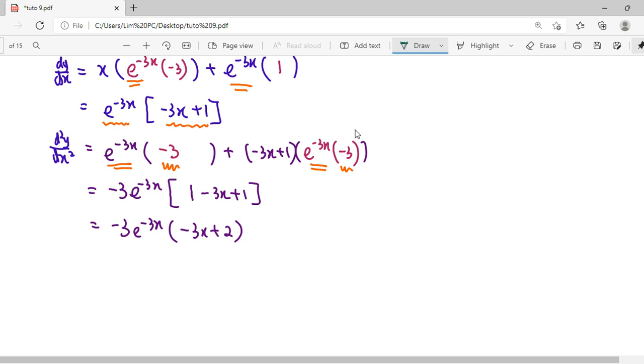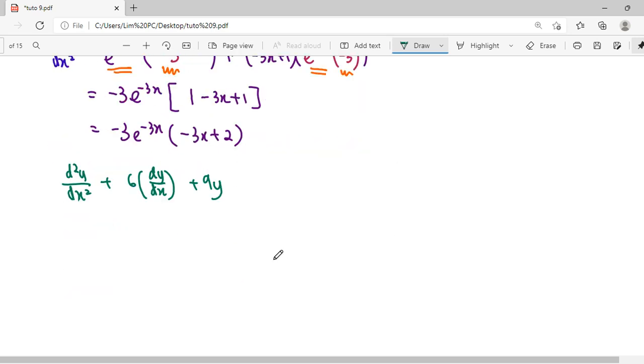So we will start writing our question like this: d²y/dx² plus 6 dy/dx and then plus 9y. Don't write 0, because 0 is the part we want to show until the answer gets to 0.